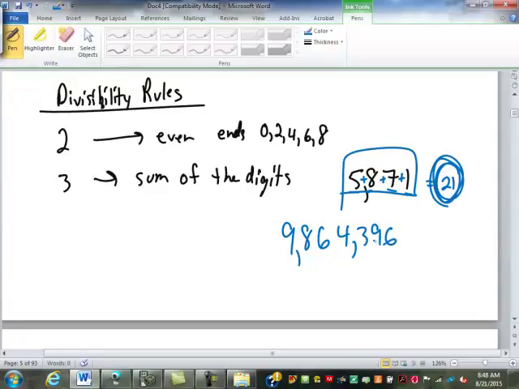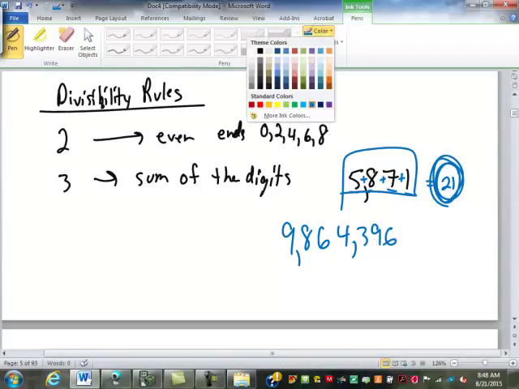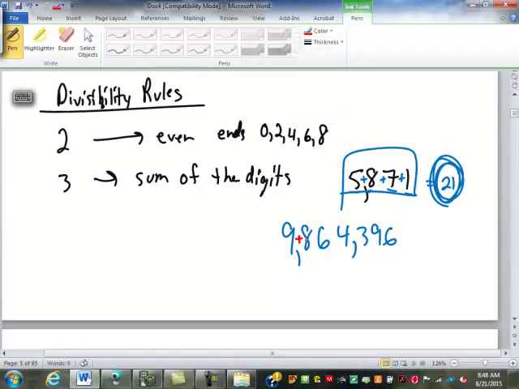How about here? Well, let's add up the digits. 9 plus 8, 17 plus 6, 23 plus 4, 27 plus 3, 30 plus 9, 39 plus 6 is 45.